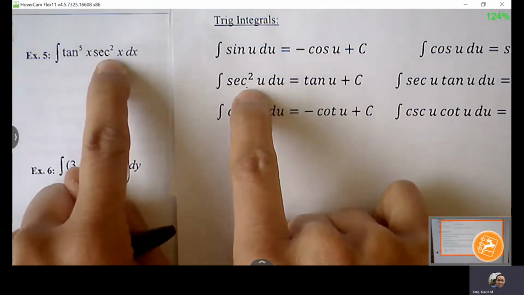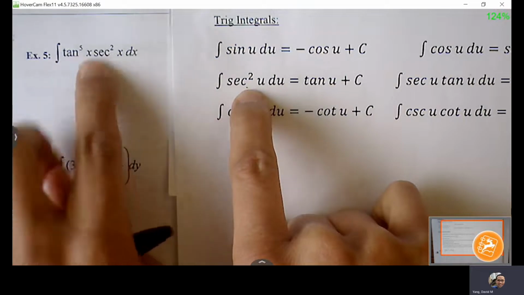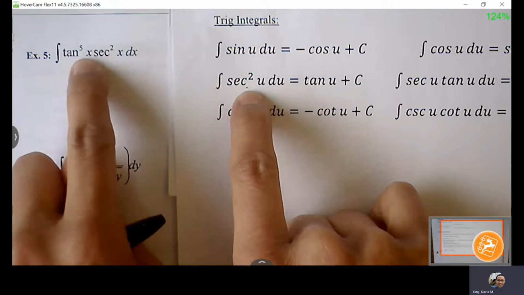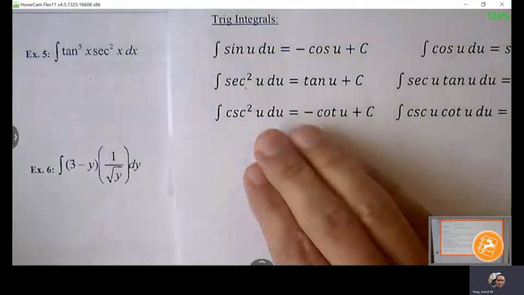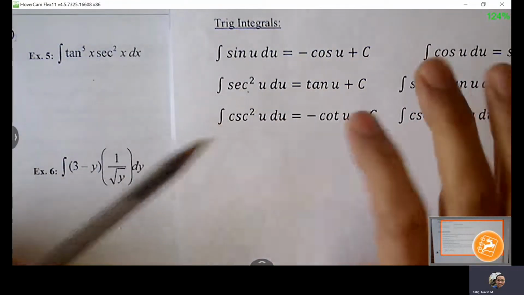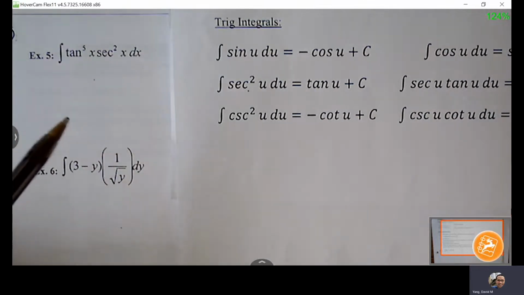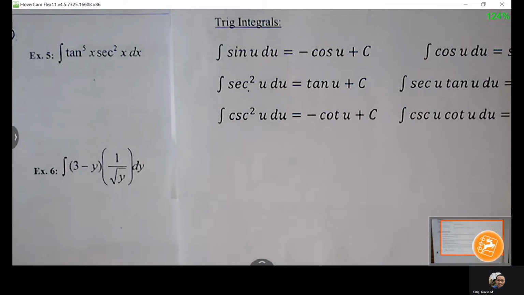I can't because it's attached to tangent to the 5th x, right? We can't separate problems if it's multiplication. Either it looks exactly like the rule or it's not going to work. So we know this is too messy for any rule to handle, which means we've got to go through U-substitution to hopefully break this down into an easier problem using a temporary variable.